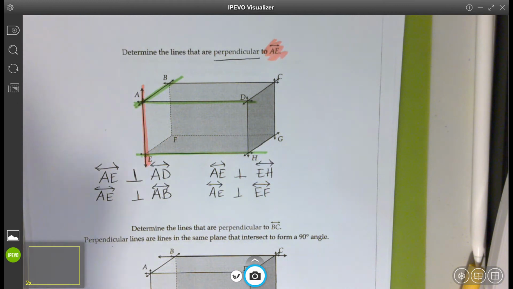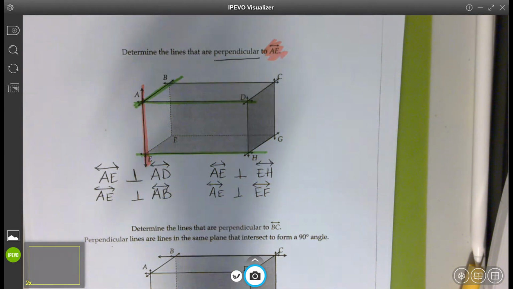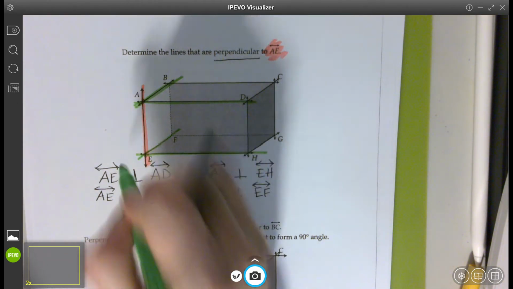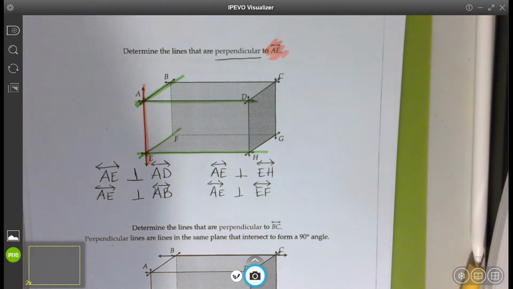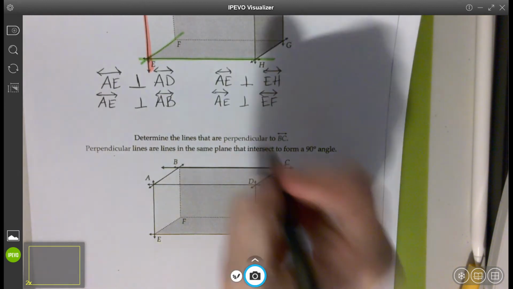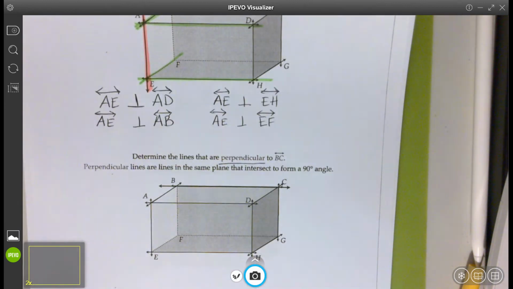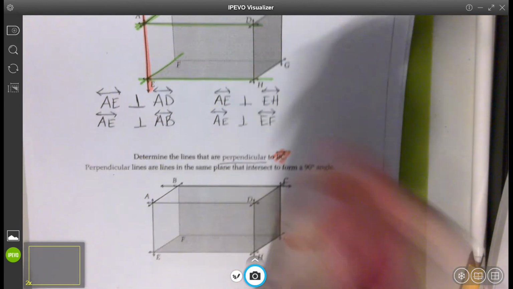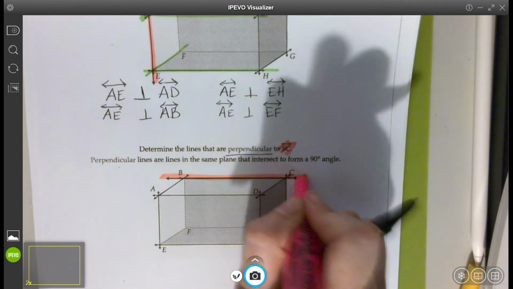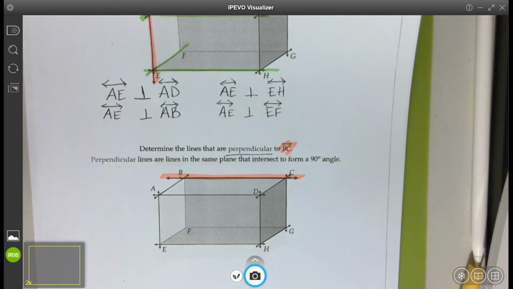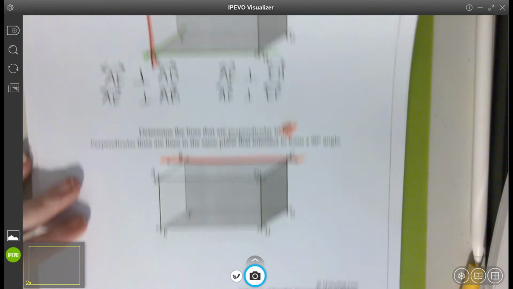And so then I have my four pairs that are perpendicular, all going back to line AE. All right, so now I'd like you to try the next one on your own of finding all the perpendicular pairs to BC. So I'm going to highlight BC. You can pause your screen to try.